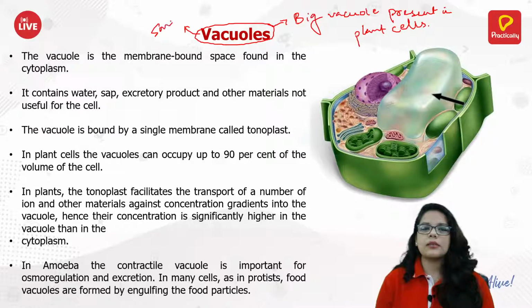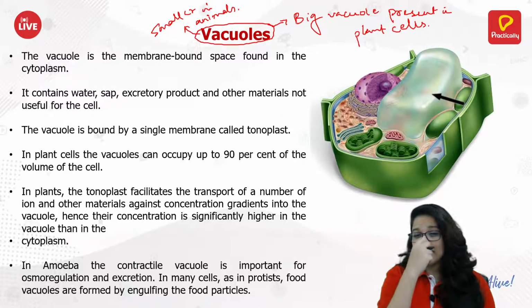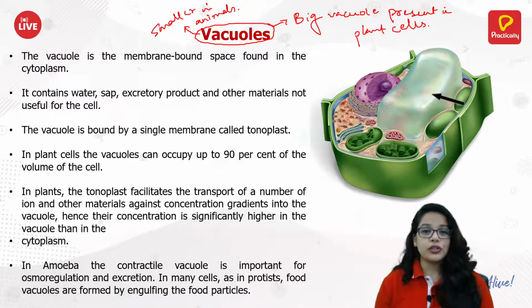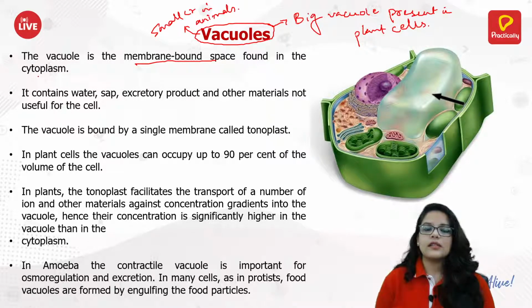In animals they don't have a lot of function. It's the plant cells where they function a lot. So what is vacuole? It is a membrane bound space in the cytoplasm. It's just a space. It doesn't have a lot of functions. Basically it is kind of a storage place.